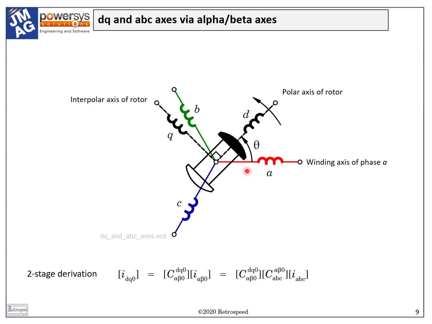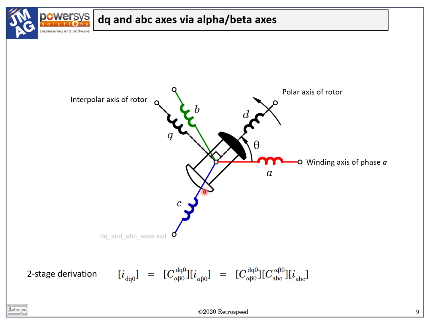At this point, I would like to break off to show Park's transform. The conventional diagram shows the 3 phase windings A, B, C with their axes displaced 120 electrical degrees around the stator periphery.